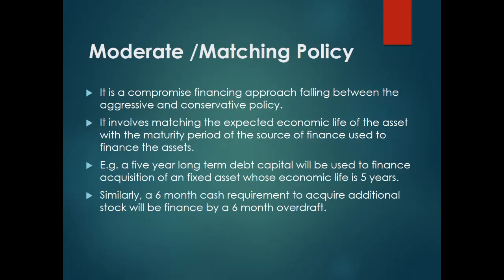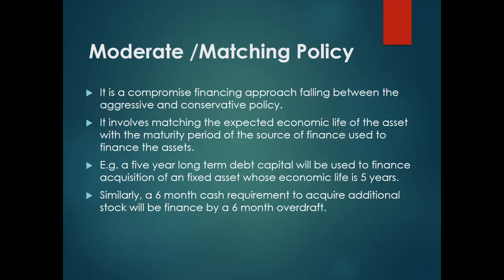The last financing policy is the matching policy. In the case of the matching policy, it's a mix of the two policies. Just like the way we saw under the aggressive policy, under the matching or moderate financing policy we use a mix of those two, a case where the company uses both long-term and short-term finance. Essentially, the company finances its permanent current assets using long-term finance sources.